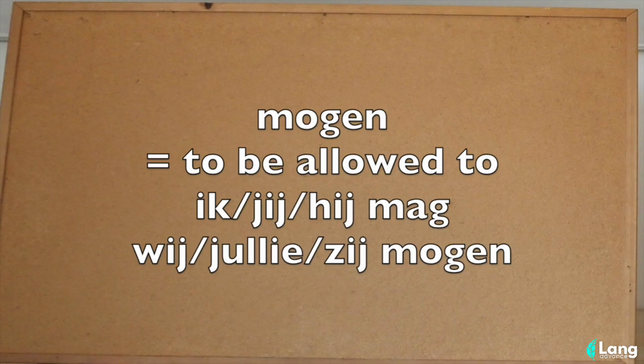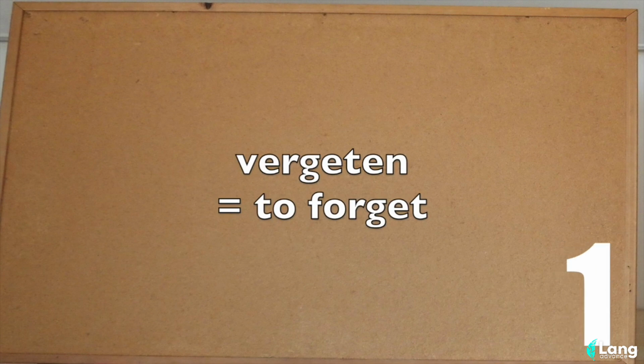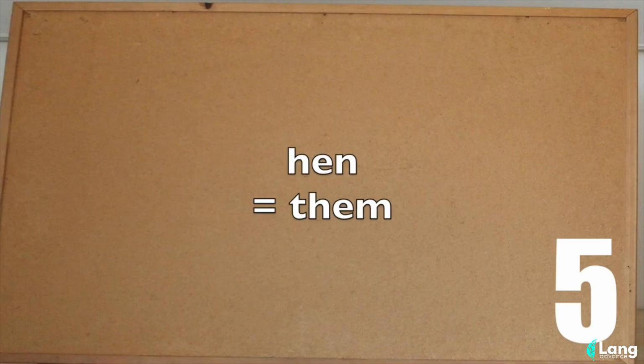Mogen, that's to be allowed to. So the conjugation is ik mag, jij mag, hij mag, en dan wij, jullie, zij mogen. Vergeten, that's to forget. And hen means them.